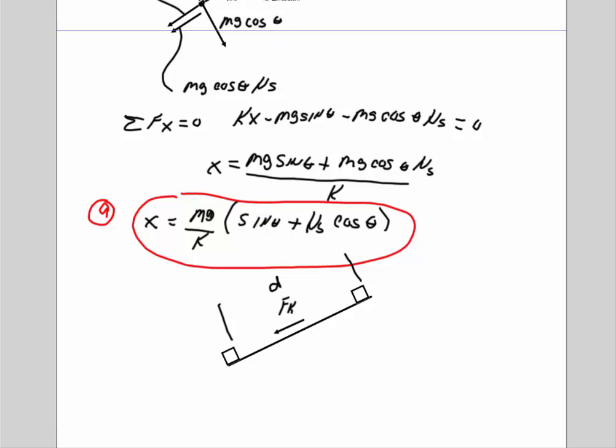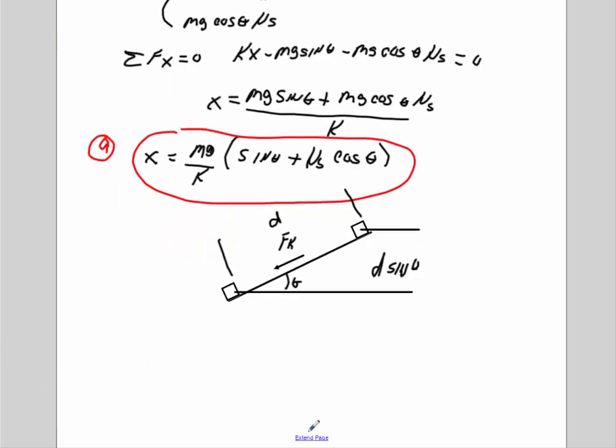So we're going to set this up with the conservation of mechanical energy with work being done by the non-conservative force. If this distance here is d, and this is theta, then this has to be d times the sine of theta.